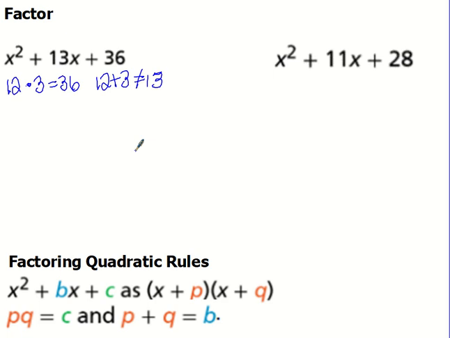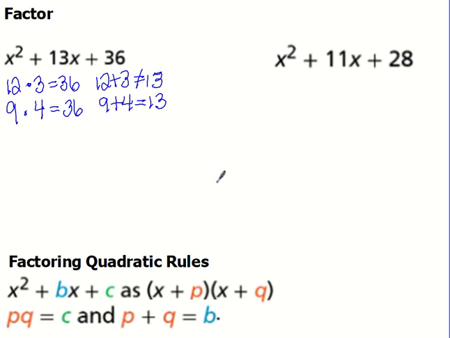It equals 15, so that doesn't help me out. Then maybe 9 times 4. Well, that gets me 36. If I do 9 plus 4, that actually does equal 13.